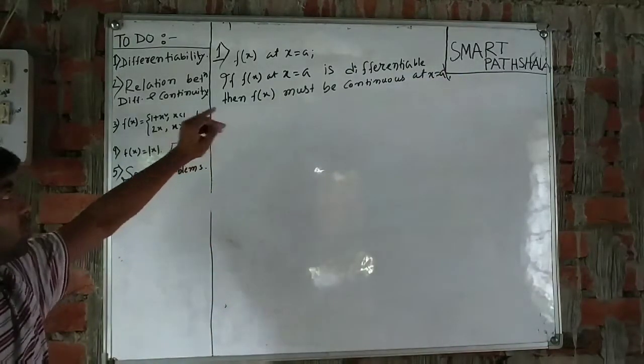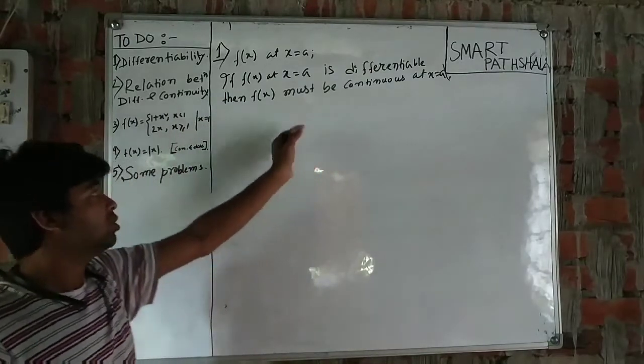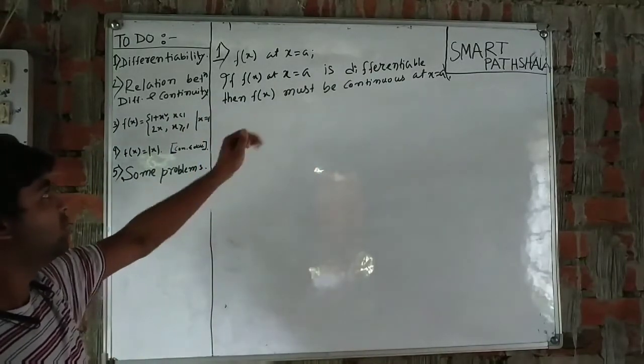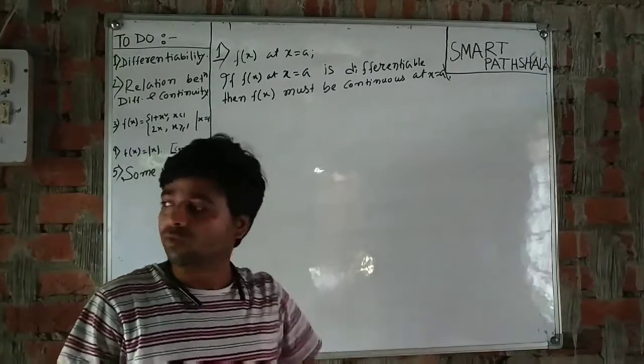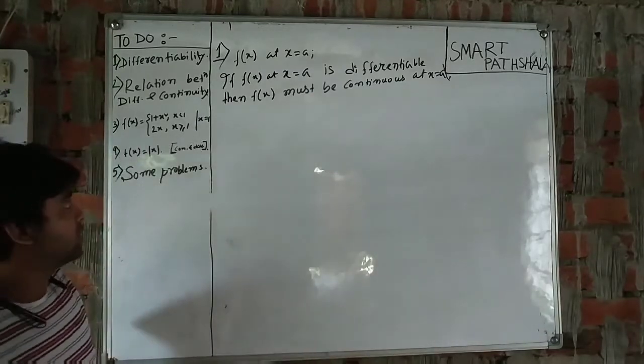This means that if f of x is differentiable at the point x equal to a, then obviously this function will be continuous.